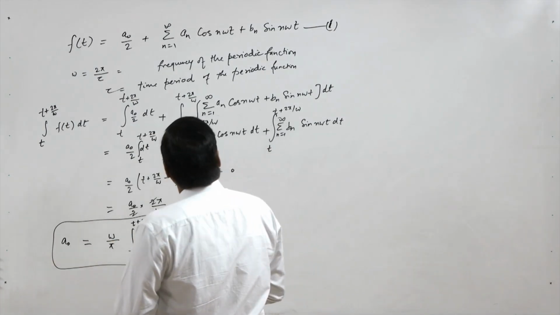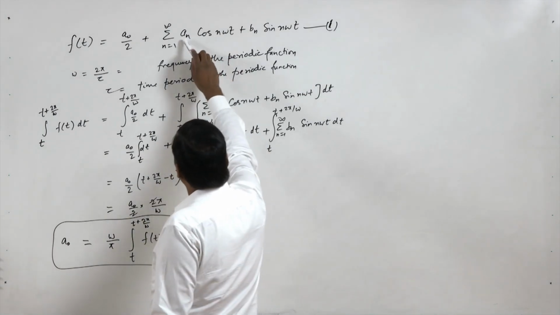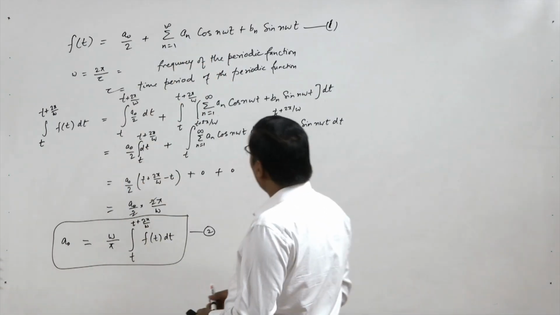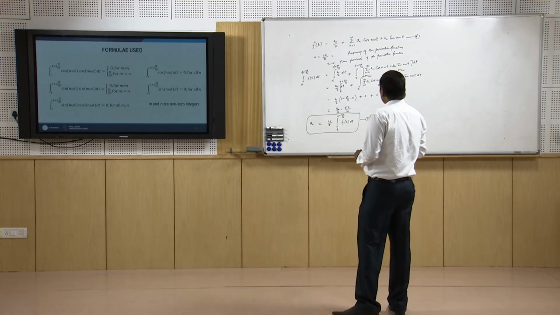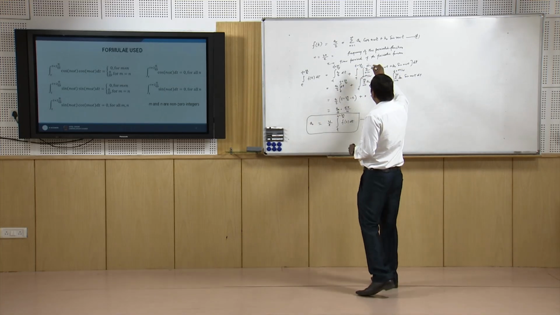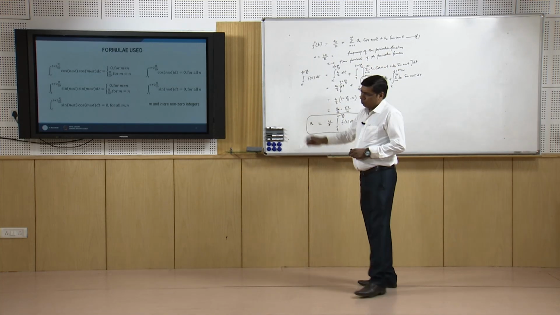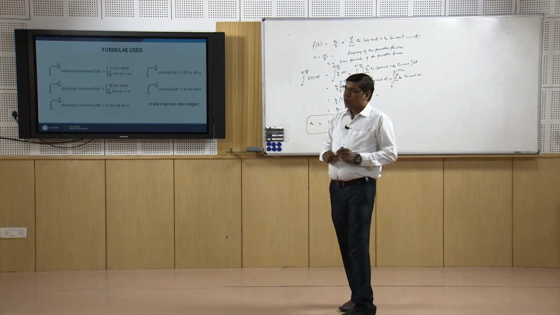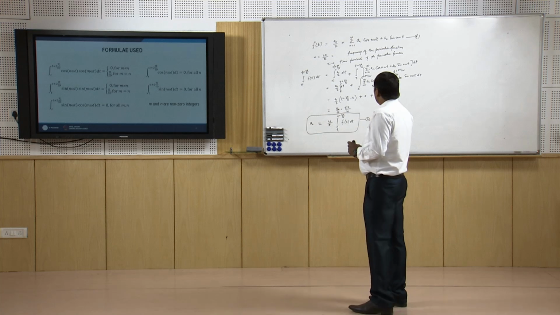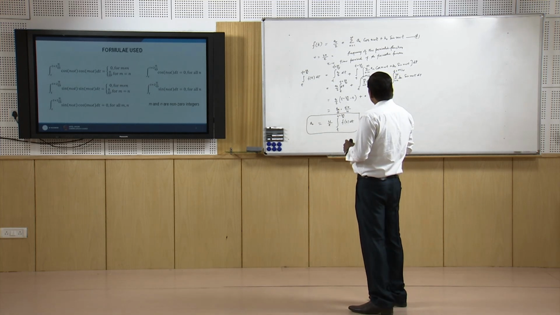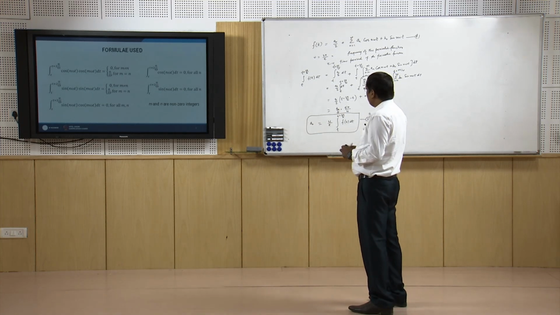Now we have to find the value of an. In order to get the value of an, let's first multiply this equation on both sides with cos n omega t, and then integrate for one cycle.